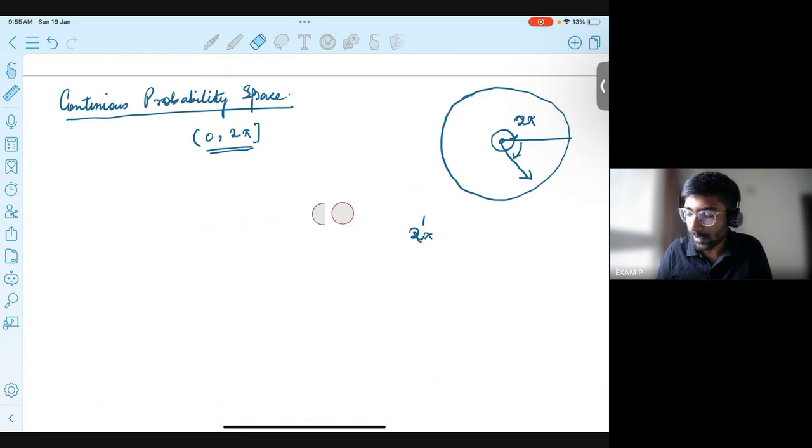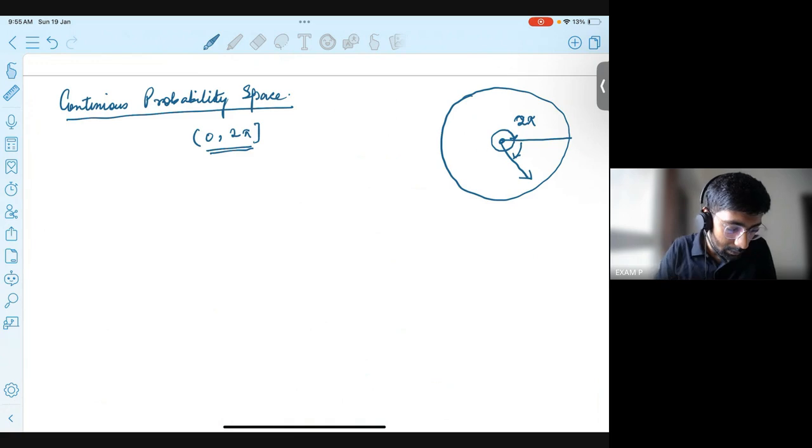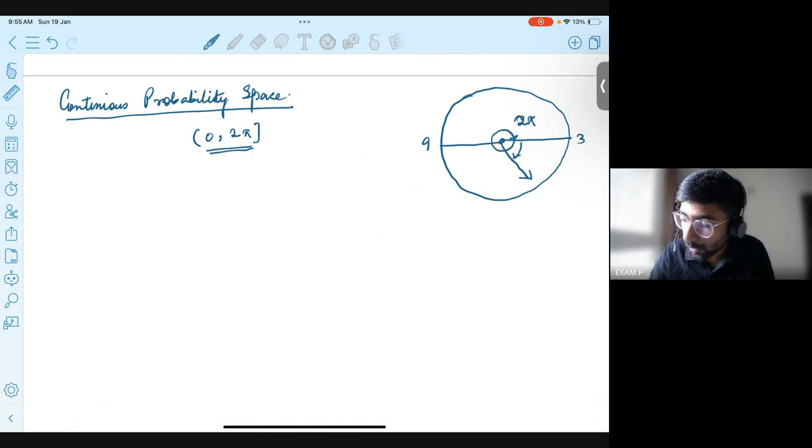Now, what kind of probabilities can you calculate when you have such a continuous probability space? An example is if you want to calculate the probability that this pointer ends up between 3 o'clock and 9 o'clock. So this is 3 o'clock, right? And this is 9 o'clock. So if you want to calculate the probability that the pointer will be somewhere between 3 and 9, this is the favorable case.